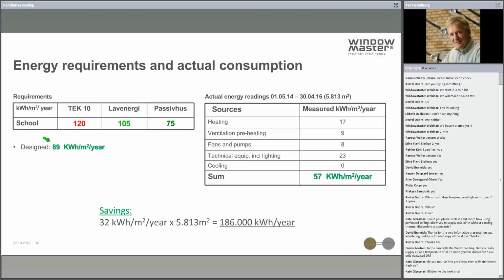That's around 60 kilowatt hours per square meter per year. So we can save an additional 30 kilowatt hours per square meter, and the building is around 6,000 square meters, which gives a potential saving of around 190,000 kilowatt hours per year. So it has actually performed even better than it was designed.